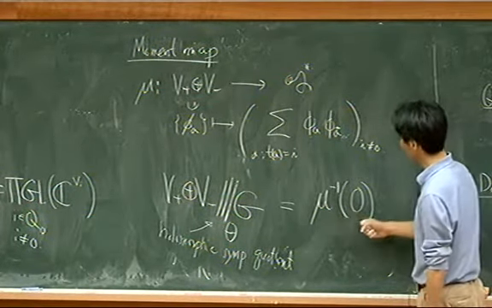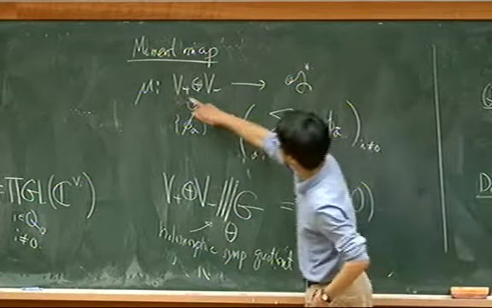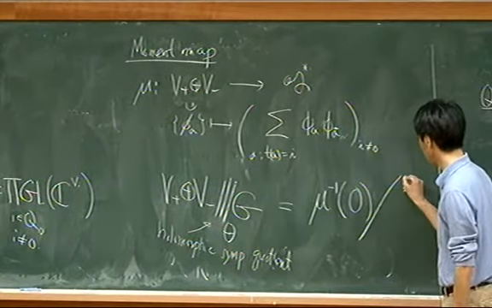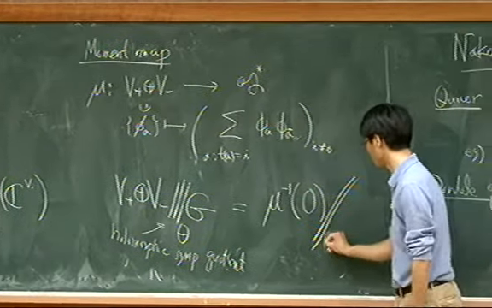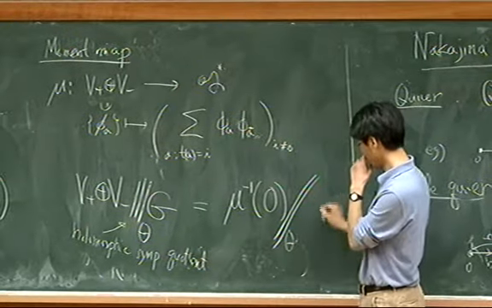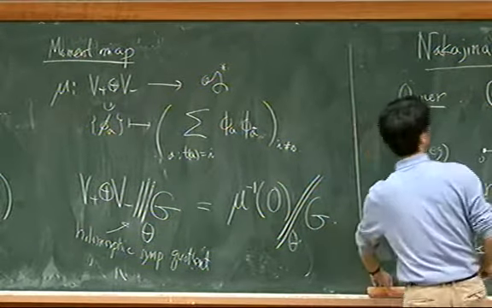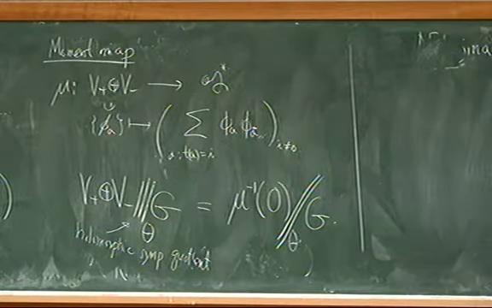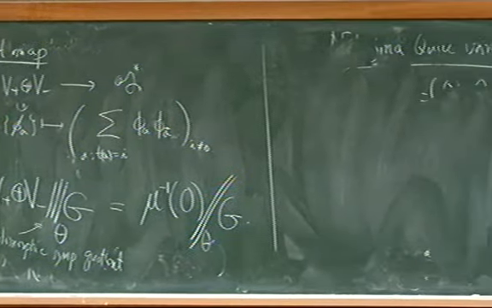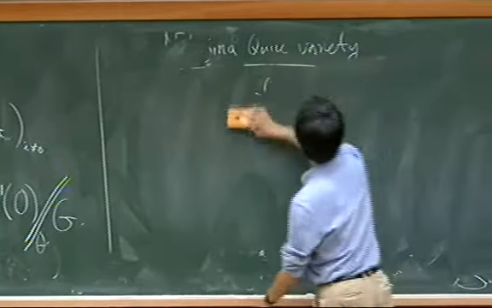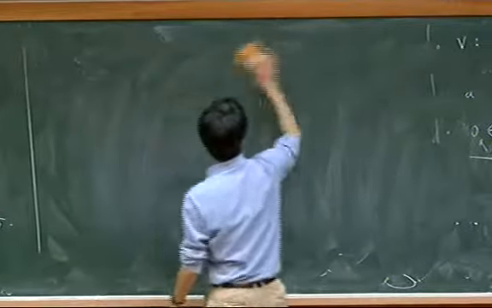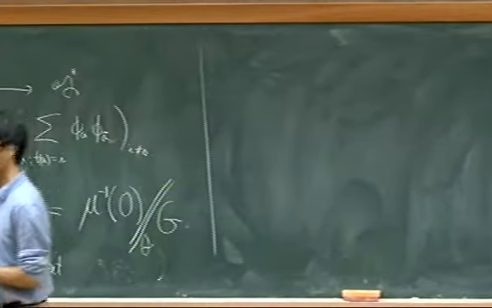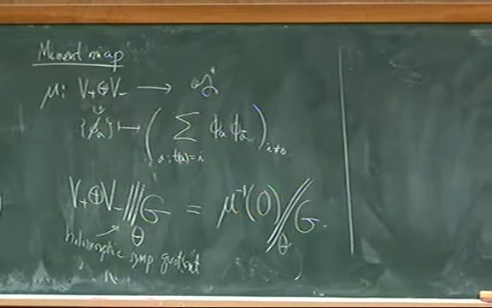So this is going to be some affine variety inside of this linear space, and then take the usual GIT quotient by the group G. This will be called the Nakajima quiver variety in my talk.